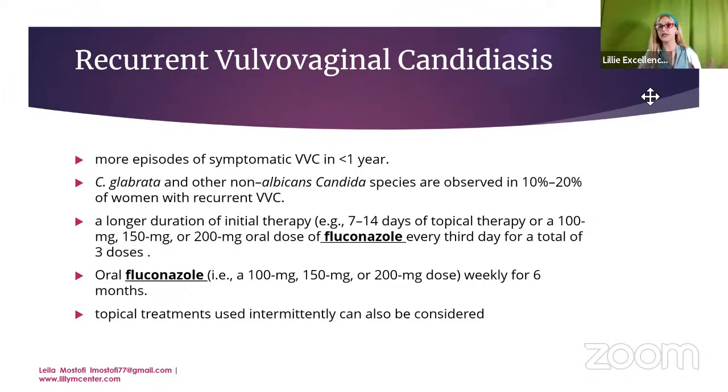And for maintenance, oral fluconazole 100, 150, or 200 milligram dose weekly for 6 months, or topical treatment used intermittently can also be considered. So this is called recurrent vulvovaginal candidiasis.